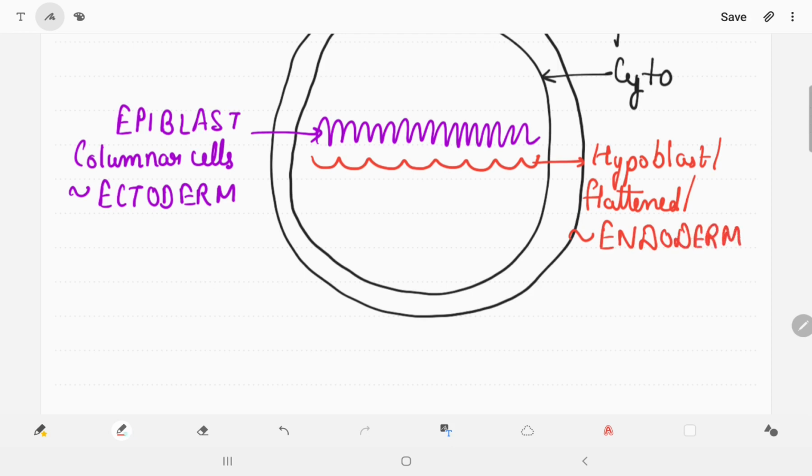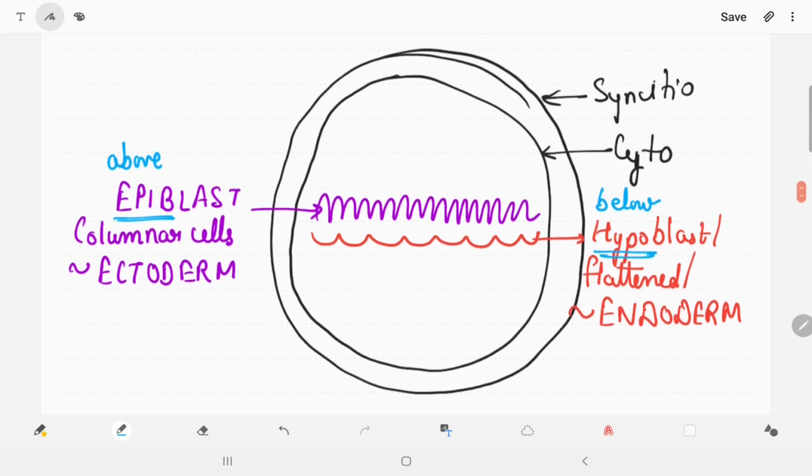So why am I calling this layer the epiblast? Because epi means above, this layer is above, and hypo means below, this layer is below, right? So my inner cell mass, which will actually form the baby, has differentiated into the epiblast and hypoblast.